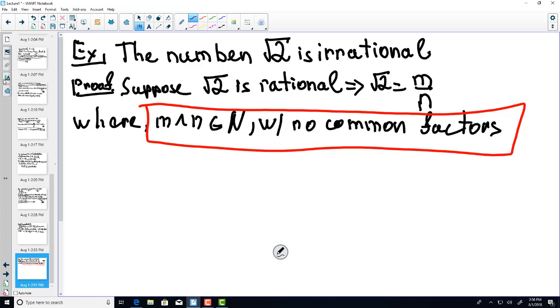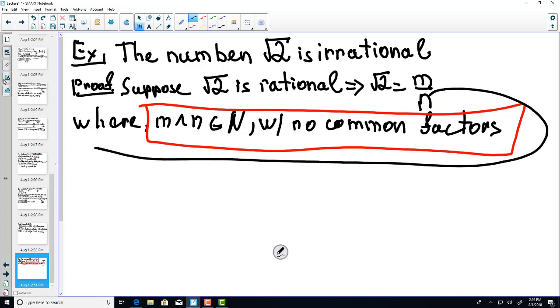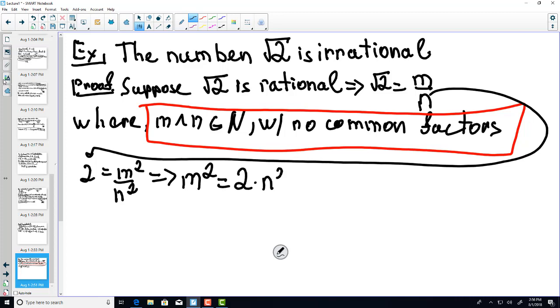From here, we can write that 2 is equal to m squared over n squared. So we have that m squared is equal to 2 times n squared.